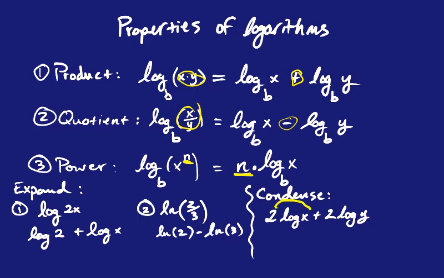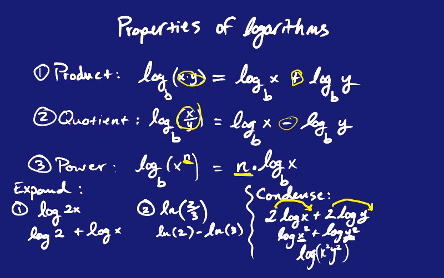So you take that 2 and make it the exponent, and take that 2 and make it the exponent. And so you would have log of x squared plus log of y squared, and the product property says addition relates to multiplication, so I'm going to multiply x squared and y squared and have just one logarithm, so log of x squared y squared inside one logarithm, just like that.